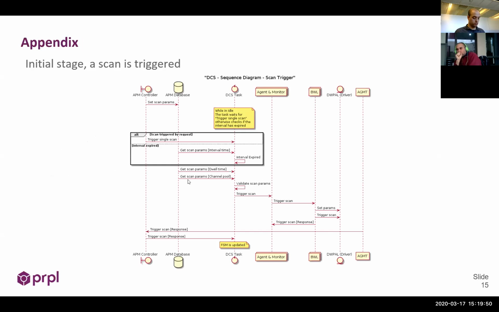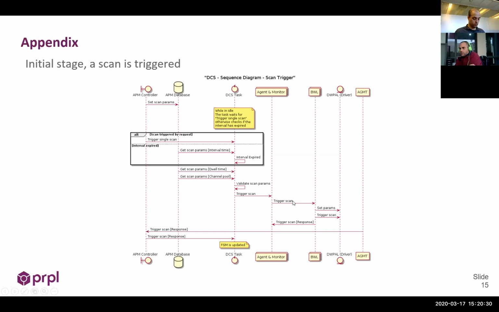What I want to show you is the flow of the DCS from the scan trigger to the scan finish, basically. So as you can see, the scan parameters are being sent from the controller and stored to the database. And while in the idle status, the scan either waits for the trigger signal scan, or checks if the continuous scan interval was expired. Either way, we fetch the DCS parameters like the dwell time and the channel pool from the database, validate them, and send them forward to the BWL.